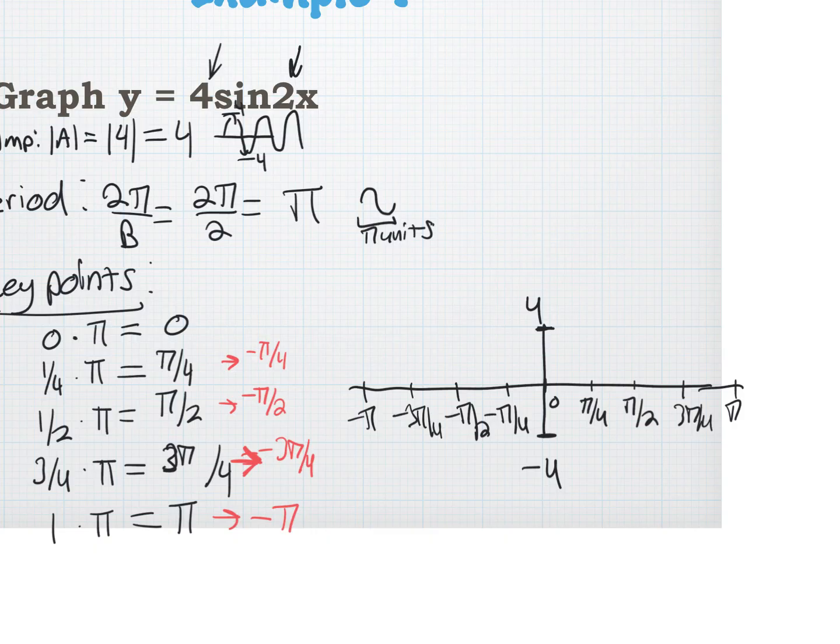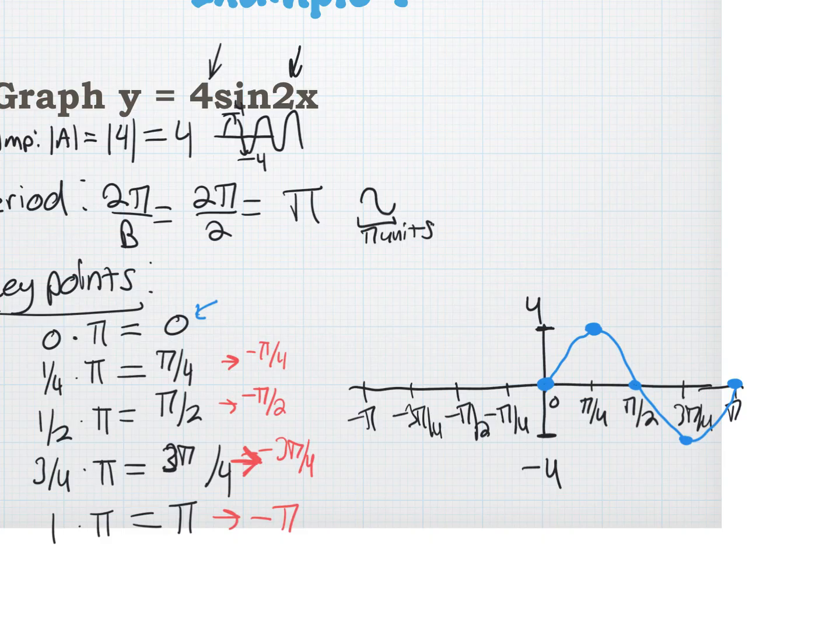Sine always starts in the middle, and we started at 0, right? 0 is always where you're going to start. And then sine in this case is going to start in the middle, so it's going to be something like that. The pattern goes up to the amplitude, back down to the middle, all the way down to the bottom, and then back up to 0, right? So that is one sine cycle.